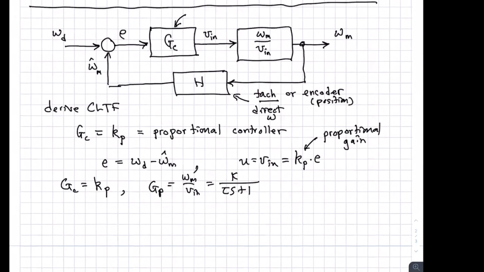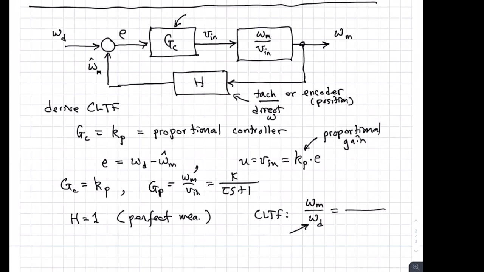We're going to assume that we have a perfect measurement, H equals 1. There could be some error in there, but perfect measurement just means it's 1-to-1. Then you can derive the closed loop transfer function, which is omega of the motor over, note, the command, that's the input now, and you can derive this.